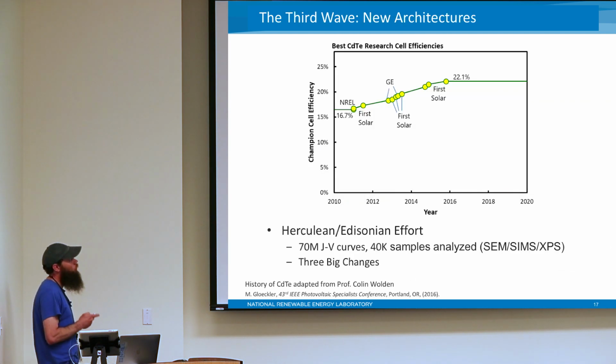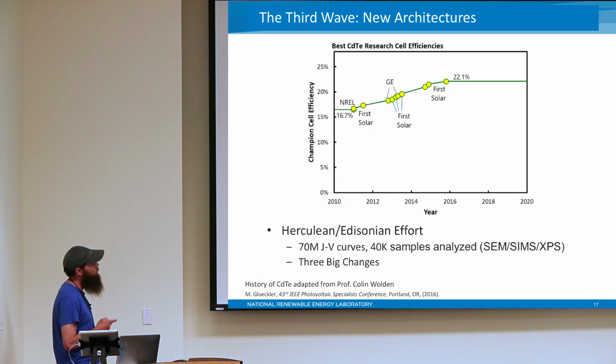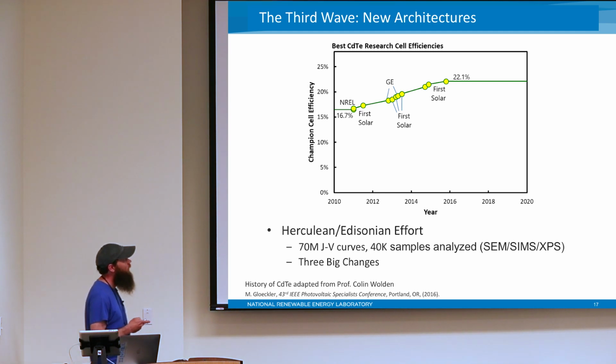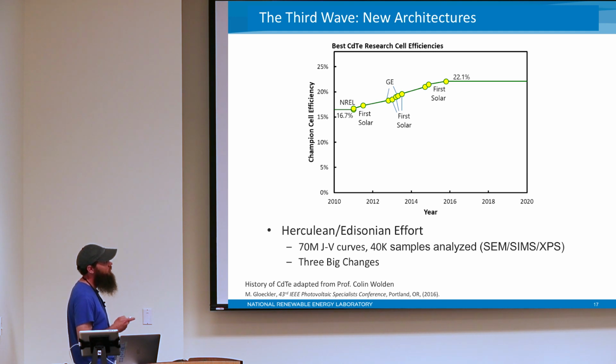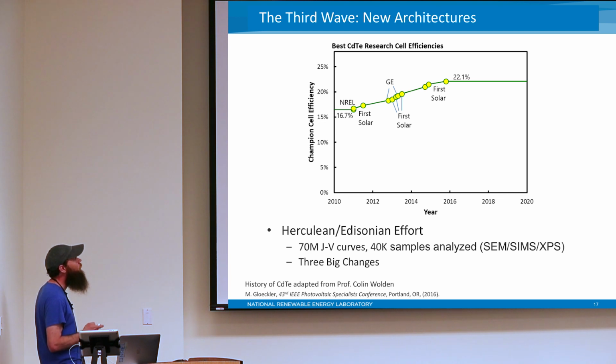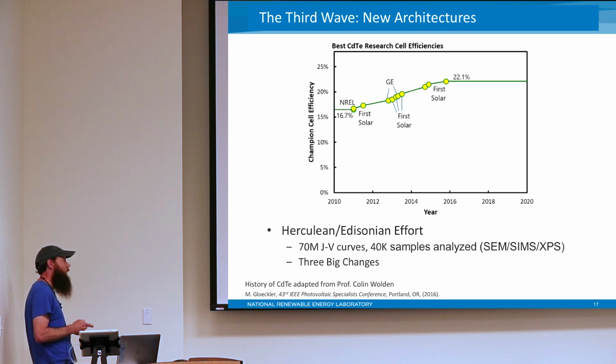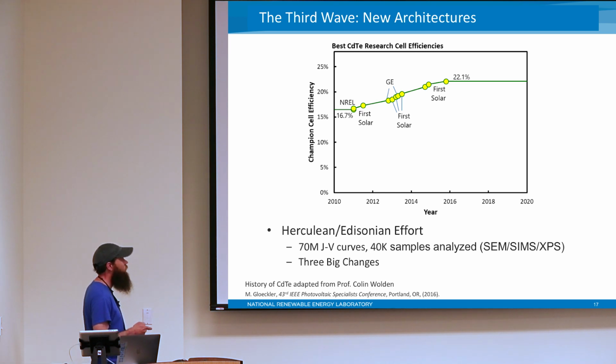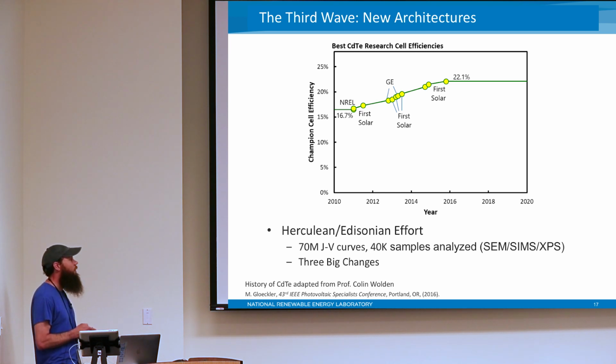Okay, so third wave. This is around where I started in the CadTel group, as Joe mentioned. I can't really take credit for all of these. You may notice they're companies, but clearly there might be a correlation. So now there's the exploration of new architectures, and Marcus Klockler at First Solar highlighted that there was an enormous amount of work to get from here to here.